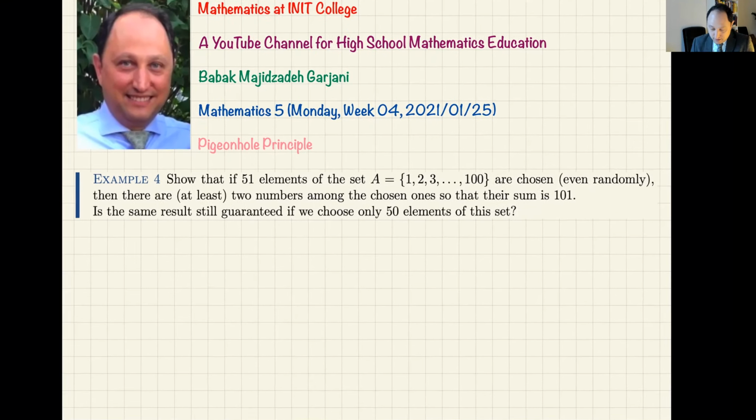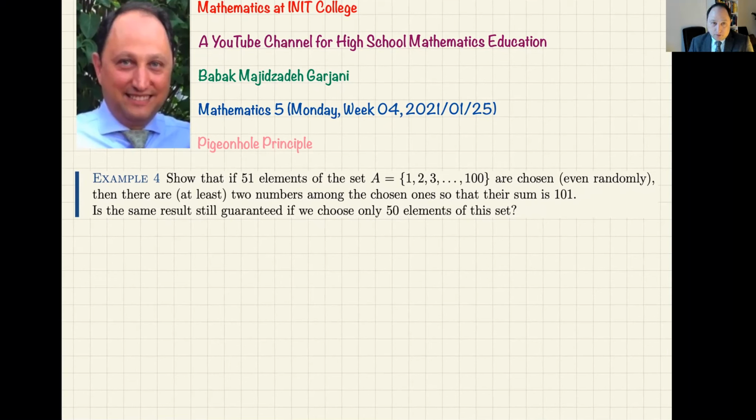Okay, now let us look at this problem. Show that if 51 elements of this set are chosen, the set contains all natural numbers 1, 2, 3 up to 100. Show that if 51 elements of the set are chosen, even randomly. Usually these words I am emphasizing, you do not see in the setup of these kinds of problems.